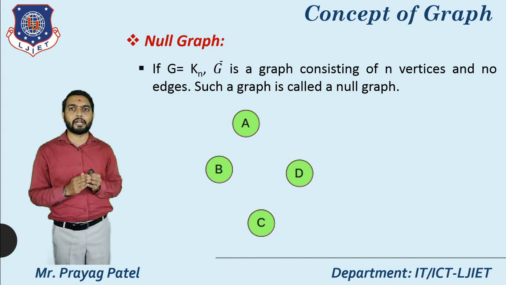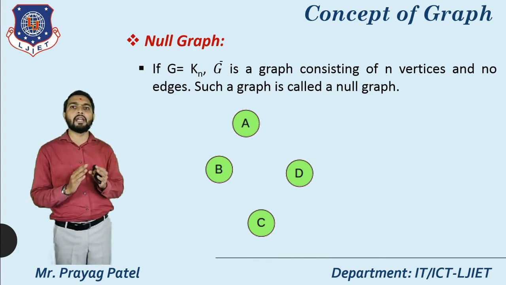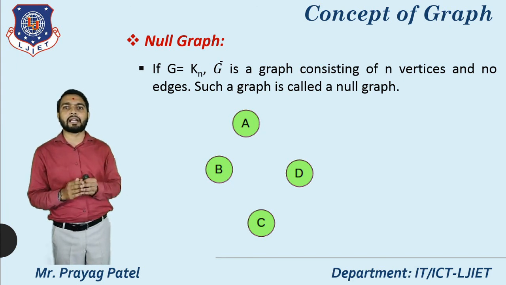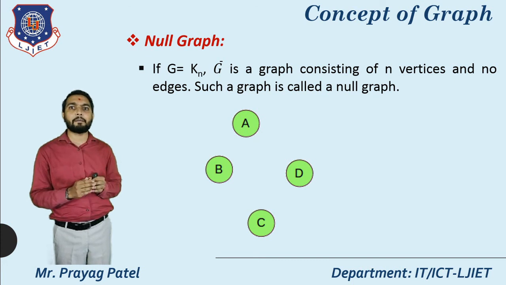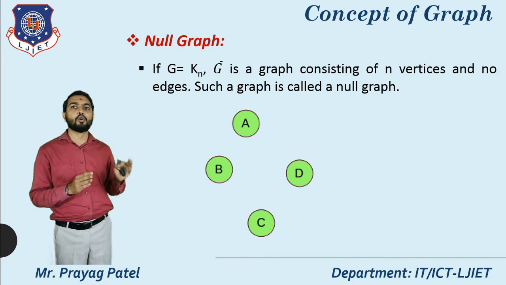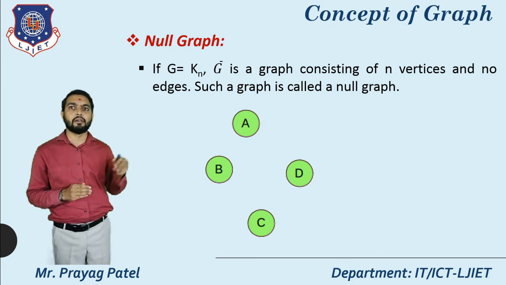So if the given graph is a complete graph, then the complement of the graph has only vertices available, and no edge remains, because the given graph is a complete graph. So this graph is considered a null graph, having only nodes and no edges. So this graph is called the null graph.